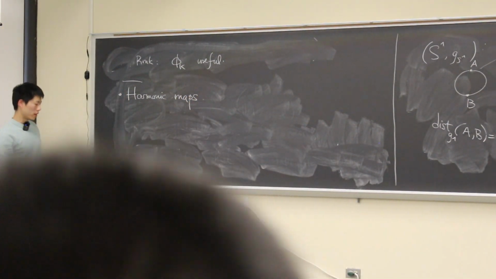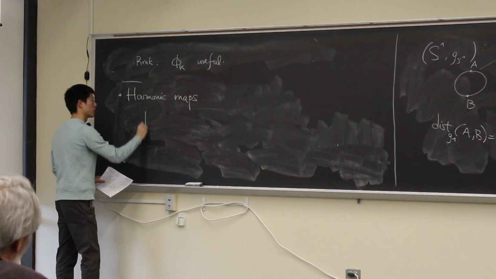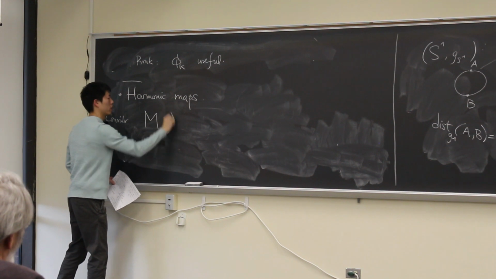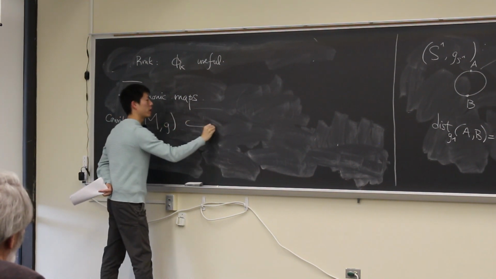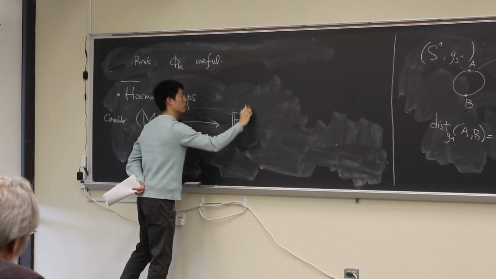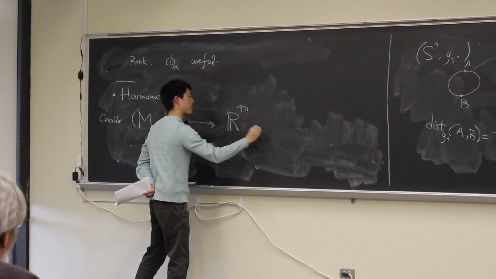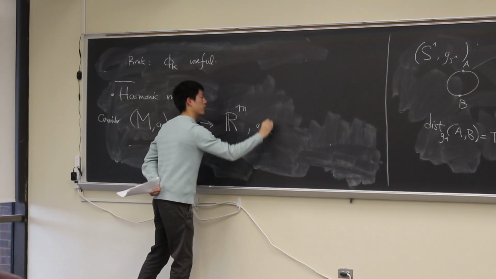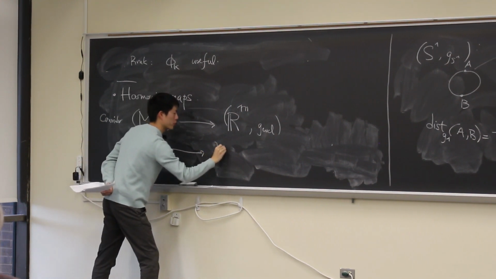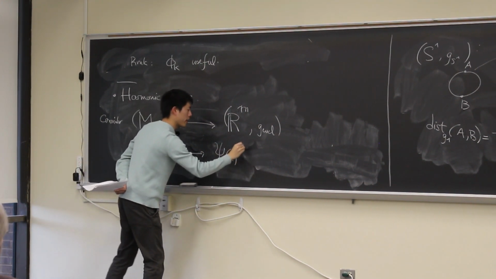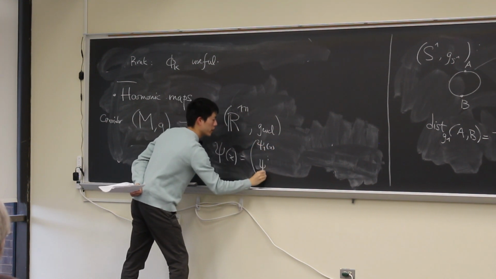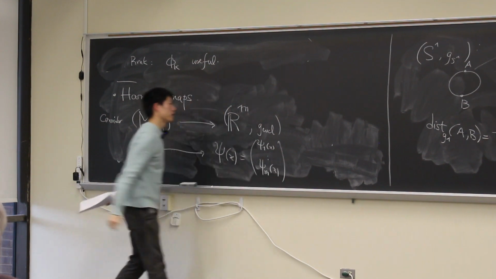And I'm going to be a little bit vague here, but let's consider, again, the same Riemannian manifold and a map into some Euclidean space with the standard metric, and you map x to psi of x, which is equal to the coordinates here. All right.